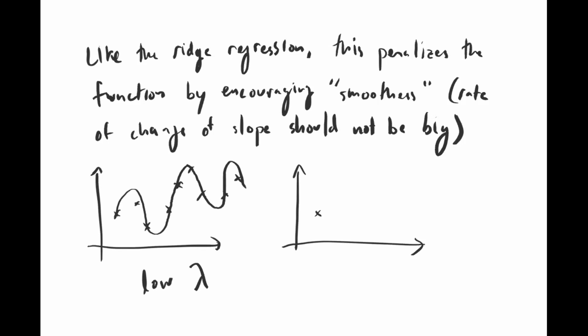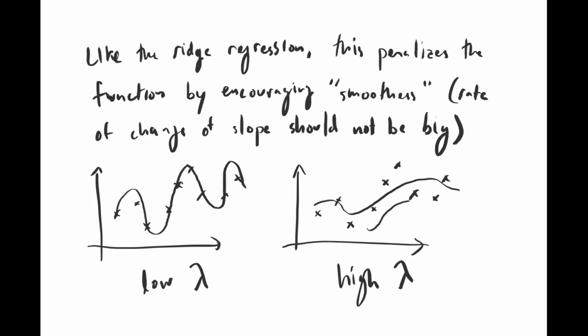And if I take the same set of points at a high value for sigma, it may look something like that, right? And that's because we have penalized the ability of my spline to jump around a lot. And we want to emphasize this sort of smoothness as opposed to something like that.